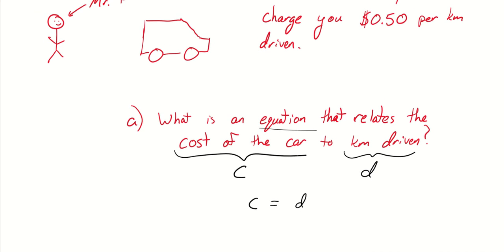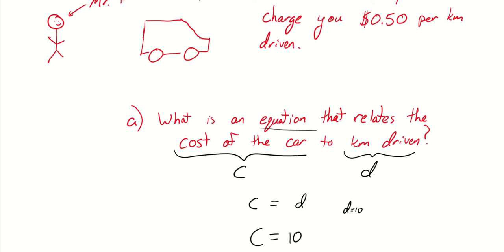So let's say I drive 10 kilometers. Then D equals 10. And so I'll say 10 is equal to, well, what's on the left-hand side of this equation? C. So it looks like the cost is $10.